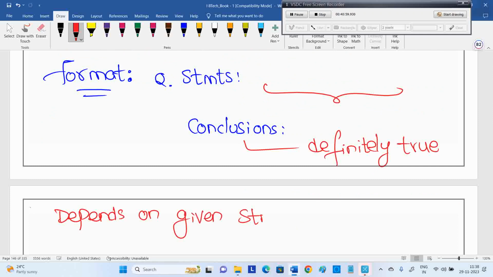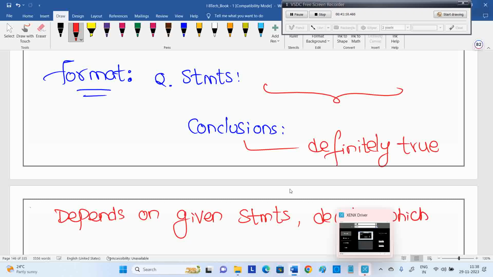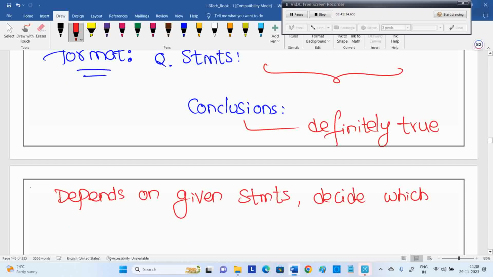Depends on the given statements, decide which given conclusion follows.